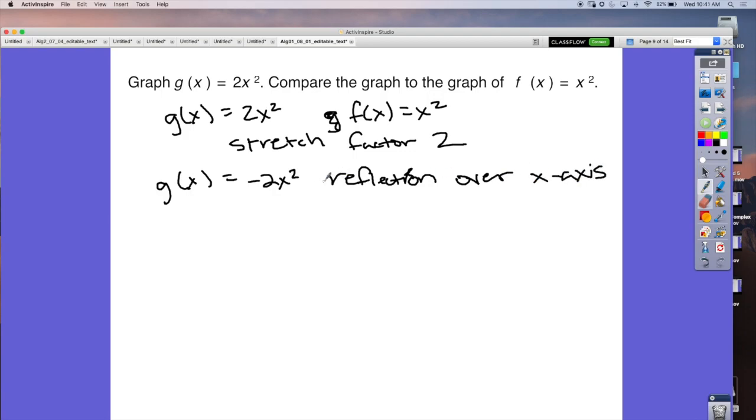So that would be number 1. Number 2 would be a stretch by a factor of +2, because the negative is what tells it to be the reflection. That's a good question.